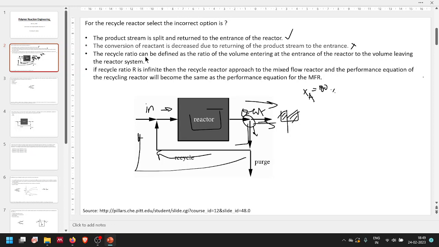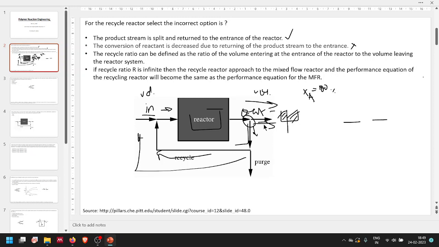Third one, we have: the recycle ratio can be defined as the ratio of the volume entering the reactor at the entrance of the reactor to the volume leaving the reactor system. What we have here is an inlet stream, whose volume you can take, and an outlet stream with a certain volume. If you were to draw a volume balance or a mass balance, it should show that inlet is equivalent to the outlet.